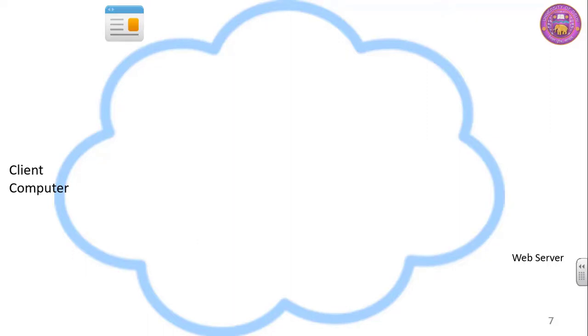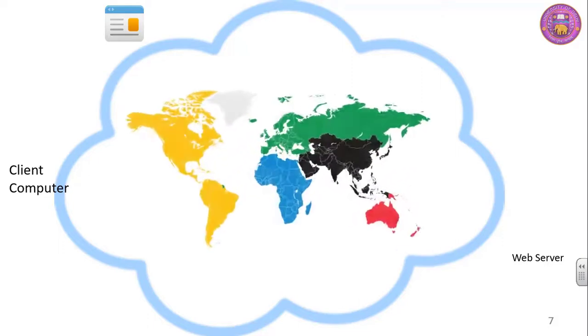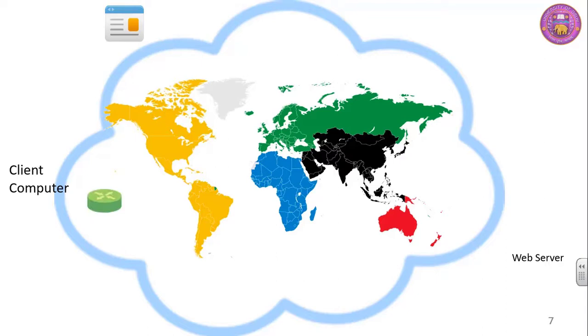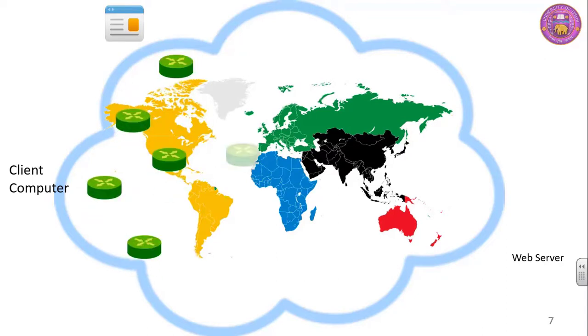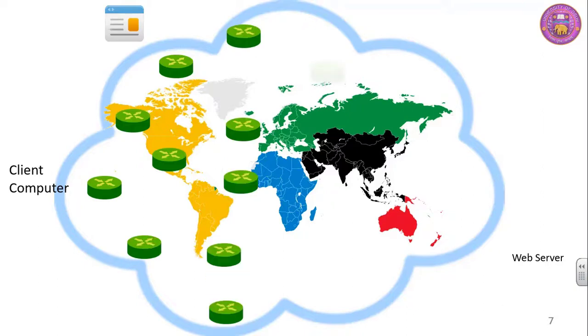Now look at this particular case. This particular symbol is of the internet, and the internet is spread throughout the world. We have different routers. All these green discs are routers.